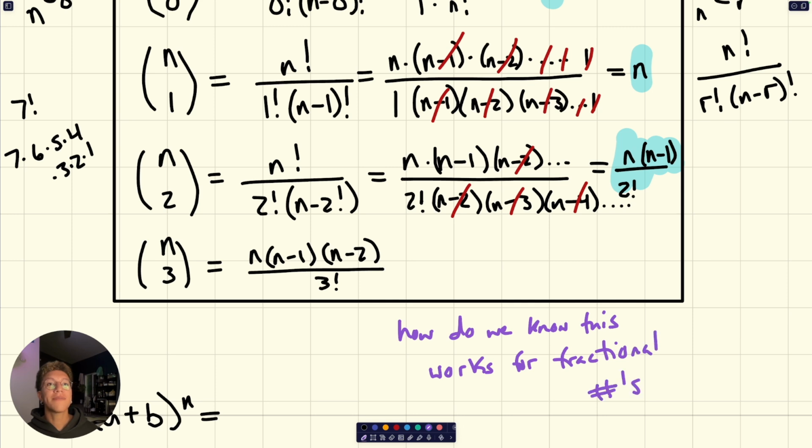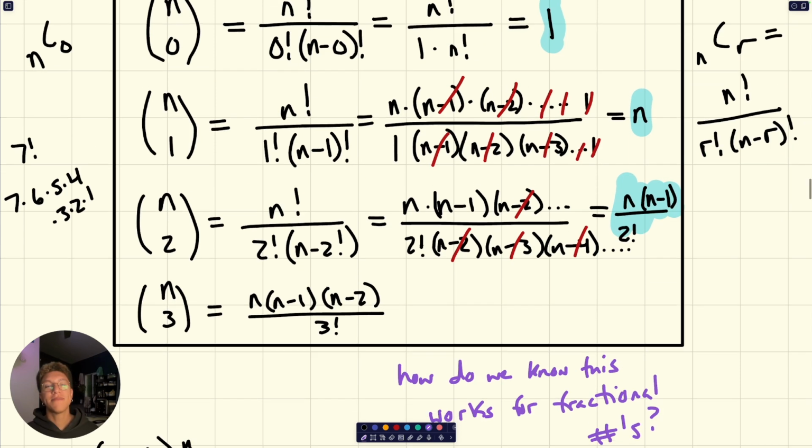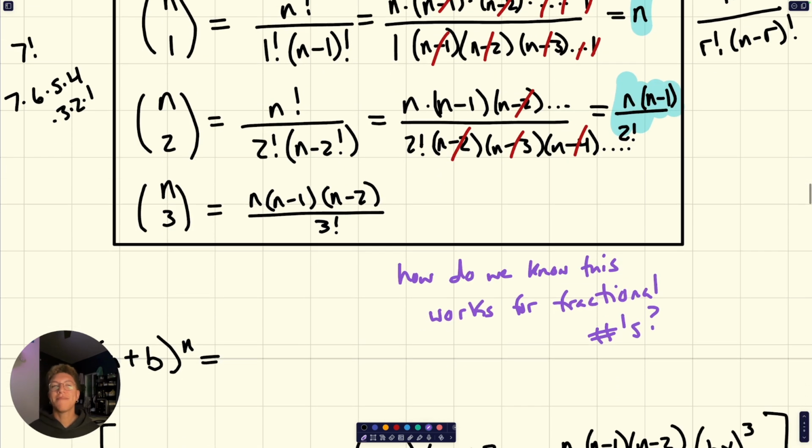And that requires a proof in and of itself. How do we know that this formula works for fractional numbers? And that proof, I think, might also be a bit above our current math level. But again, if you have a proof for this, I'd love to see it. Put a link to it or put your proof in the comments below.